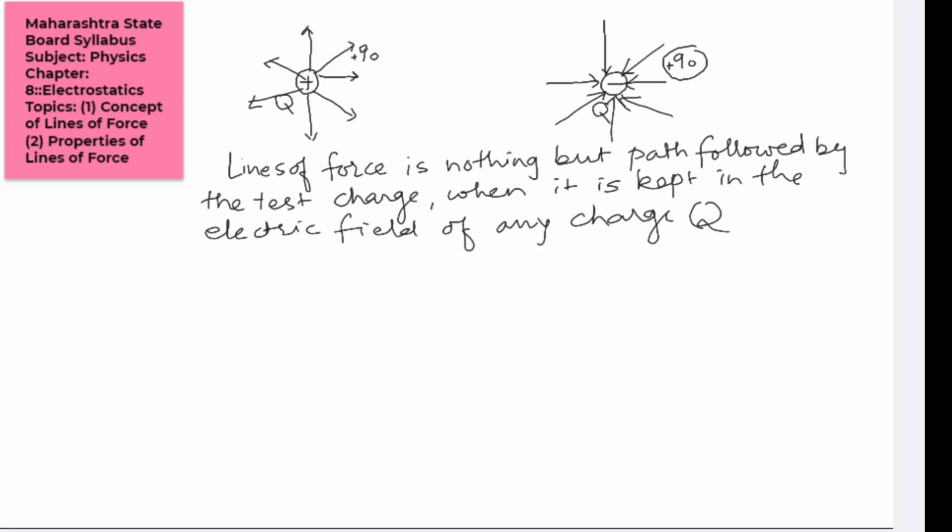Do you understand what is meant by lines of force? It is the pictorial representation, and these are imaginary lines, which we show from the positive charge away from it, and towards the negative charge.